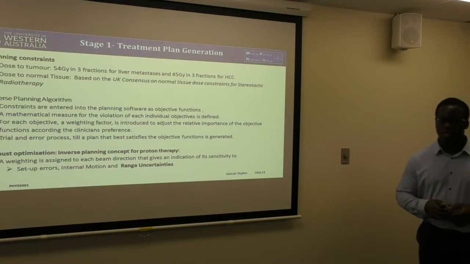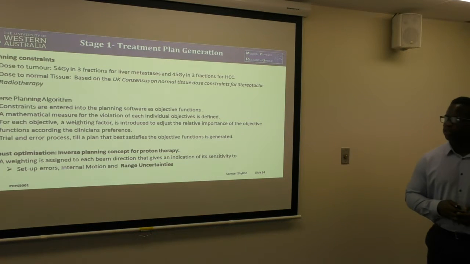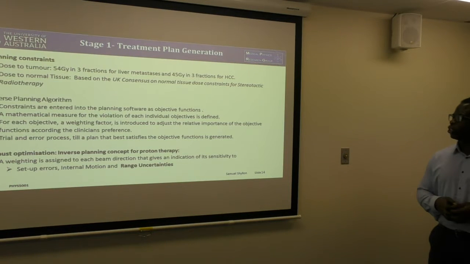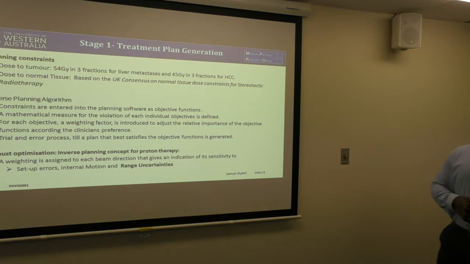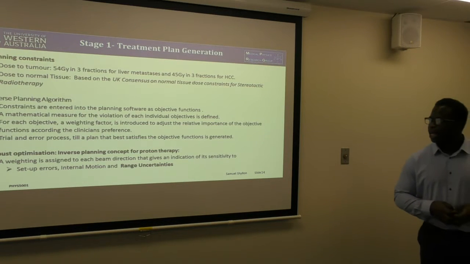So the planning constraints that the treatment planners will use will include a dose to the tumor of 54 grays in 3 fractions for liver metastasis and 45 grays in 3 fractions for HCC. The dose to normal tissue will be based on the UK consensus on normal tissue dose constraints for stereotactic radiotherapy.